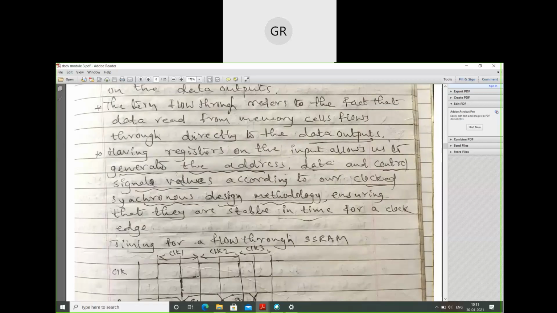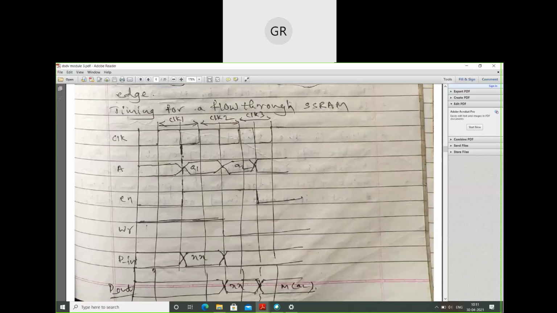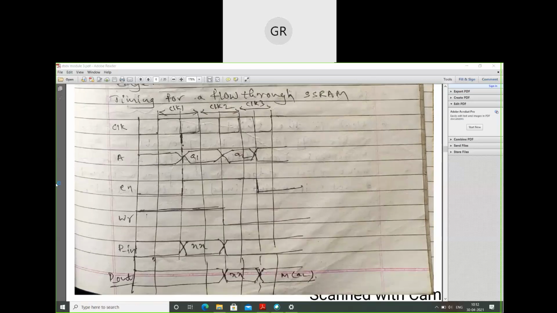This is the timing diagram for flow through SSRAM. This is clock 1, clock 2, clock 3. Address A1 came from clock 1 to clock 2. Address A2, clock 2 to clock 3. During clock 1 and clock 2, the write signal is high.